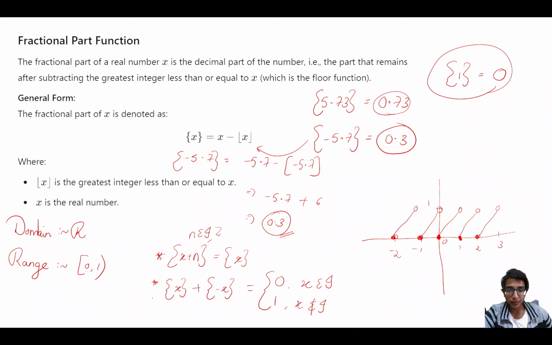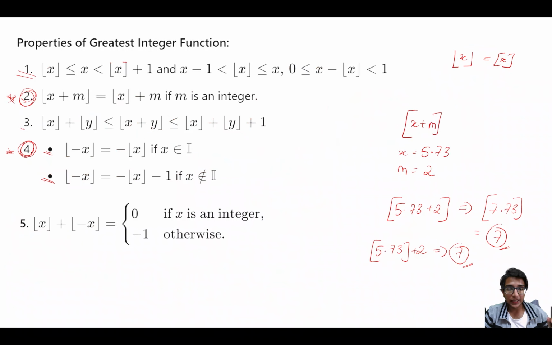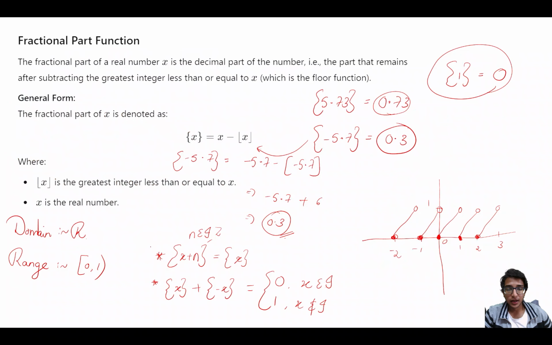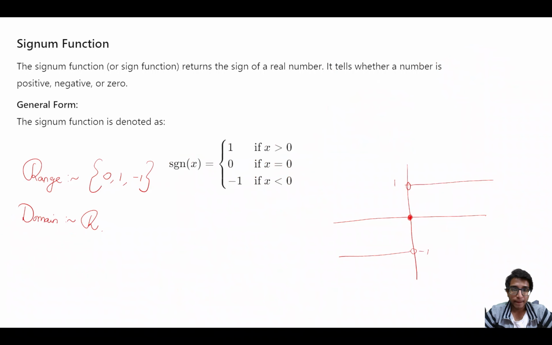So keep these two properties in mind as well, and do not confuse this property with the one that we studied in greatest integer function. Greatest integer function plus minus of that would give us 0 if it is an integer, and we would get minus 1 otherwise. Here we are getting 1 when it is not an integer. 0 is the same again. So these are two properties which are the most important for fractional part that you must know.